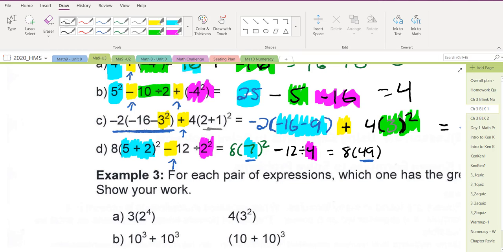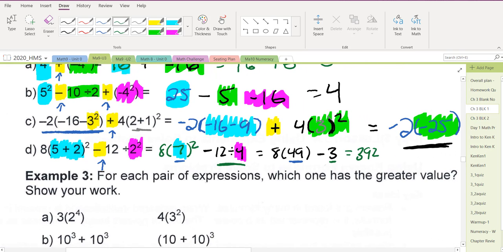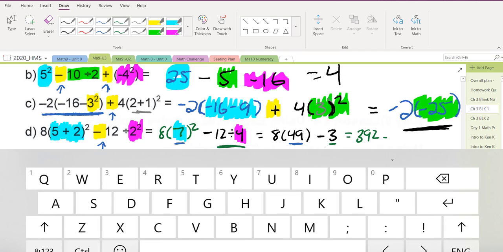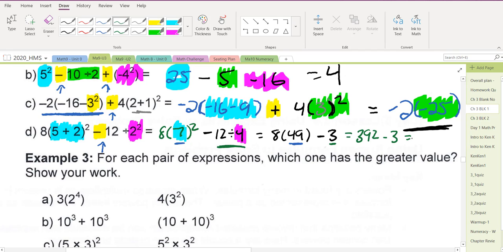And we do the minus sign. And 12 divided by 4 is 3. 8 times 49 is 392. Minus 3 equals 389.